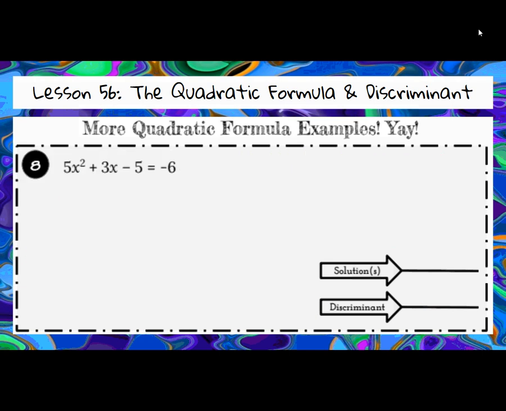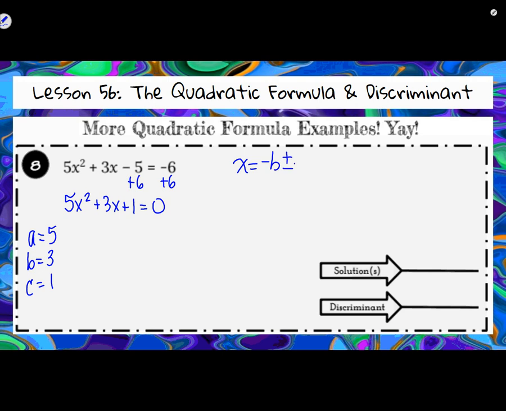All right, so let's look at number 8. It doesn't equal 0. Let's make it equal 0. Add 6, so we've got 5x squared plus 3x plus 1 equals 0. So A is 5, B is 3, C is 1. X equals negative b plus or minus the square root of b squared minus 4ac all over 2a.